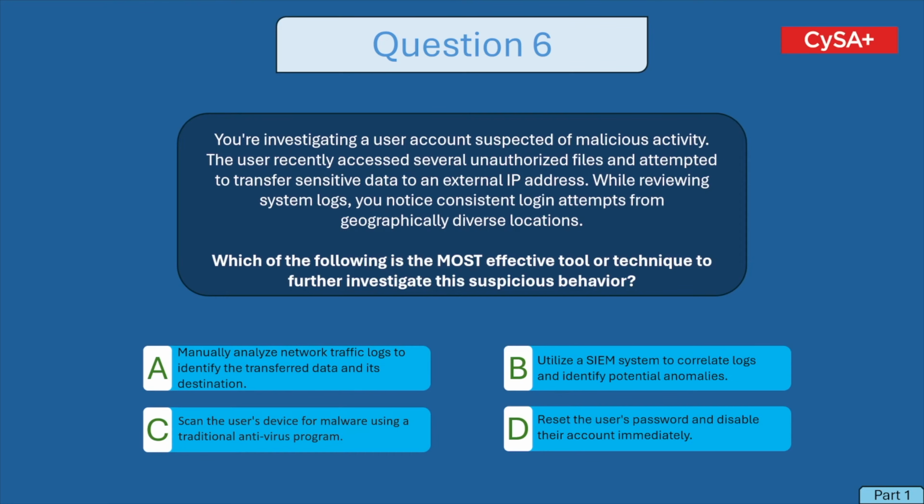We have A, manually analyze network traffic logs to identify the transferred data and its destination. B, utilize a SIEM system to correlate logs and identify potential anomalies. C, scan the user's device for malware using a traditional antivirus program. Or D, reset the user's password and disable their account immediately.